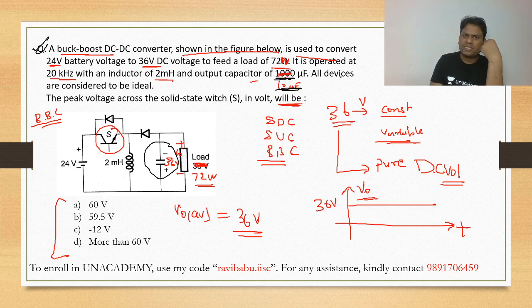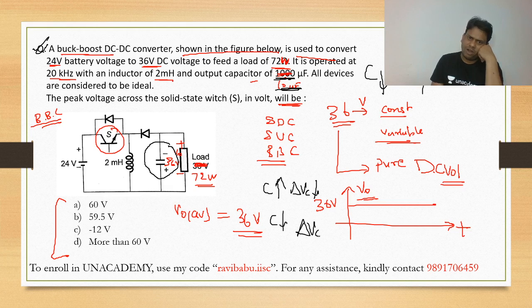Whenever the value of C decreases, the ripple of Vc increases. If the value of C increases, the ripple del Vc decreases. If the value of C decreases, the ripple of output voltage increases.